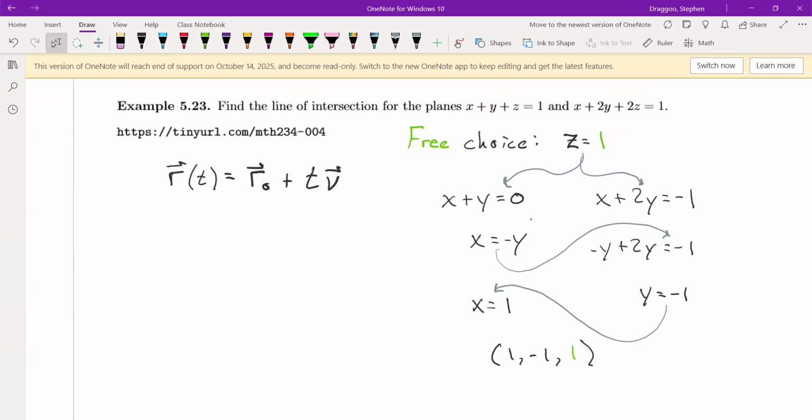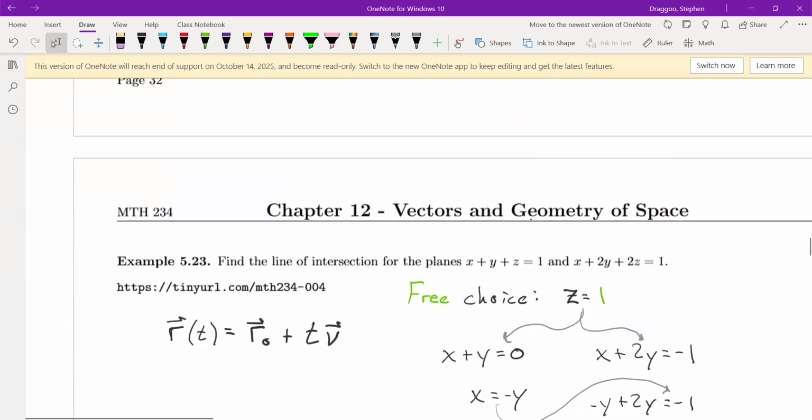I could check it real quick by plugging that point back into the two equations above. 1 minus 1 plus 1 is 1, and then 1 minus 2 plus 2 is also 1. So we've got our point. That's the r naught part figured out.